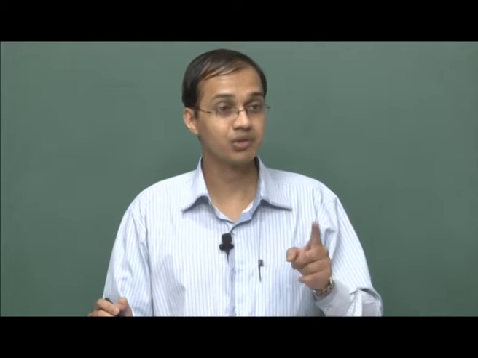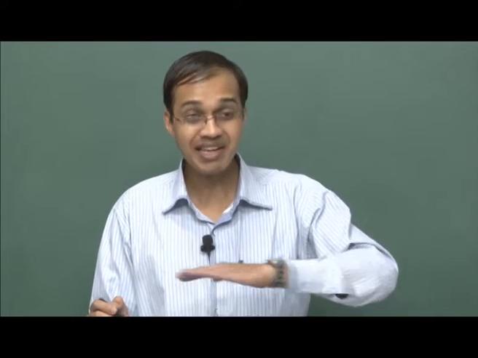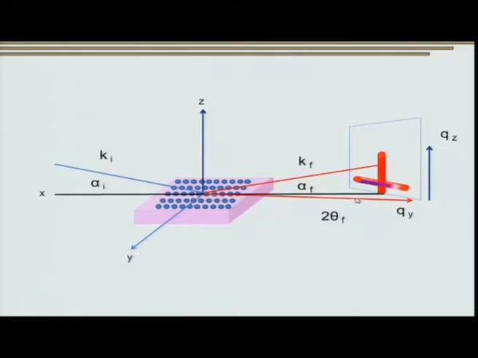At the same time, there is going to be some scattering which is in plane, and this is shown over here, which corresponds to this scattering vector qy and an angle of 2 theta f. So we have these two scattering vectors, qz, which is out of the plane, and qy, which is in the plane.